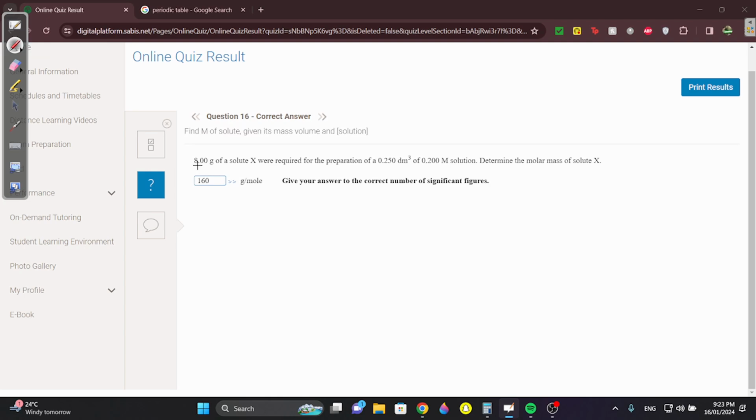This one's easy. 8 grams of a solute X, preparation 0.25, molar mass. Moles n equals m over M. We need the moles first to solve, right? So n equals CV. The concentration is 0.2 and the volume is 0.25.